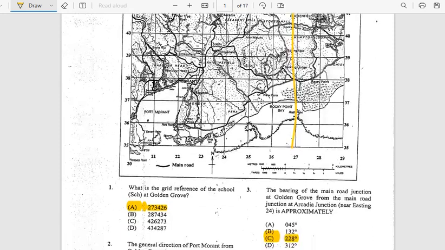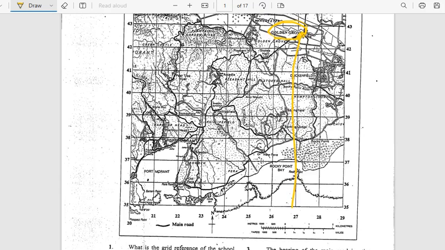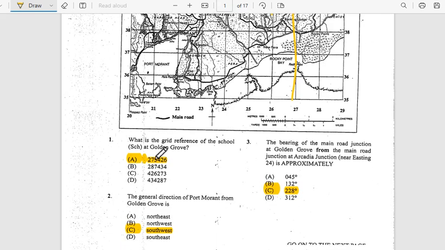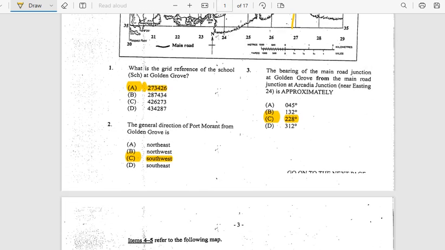I'm trying to read this map right here. 273426. Oh, 26. This is the 26 right here on this grid line. So the answer for this one is 273426, guys. So the answer is A.